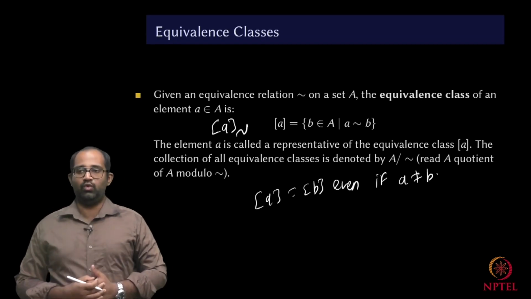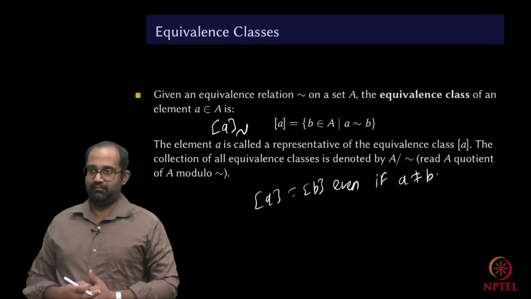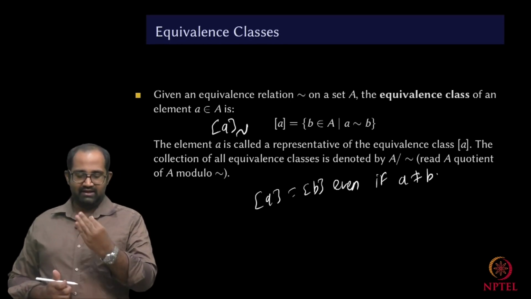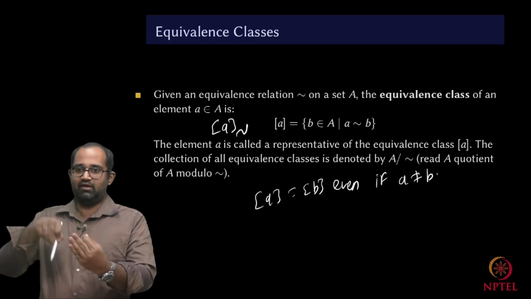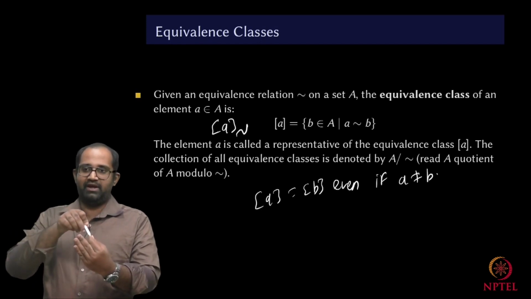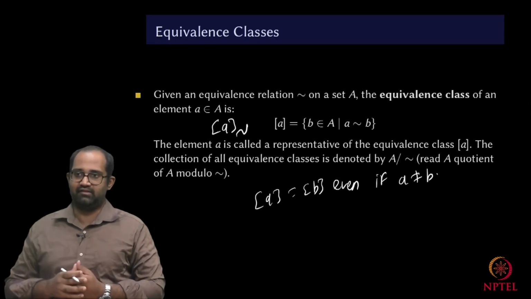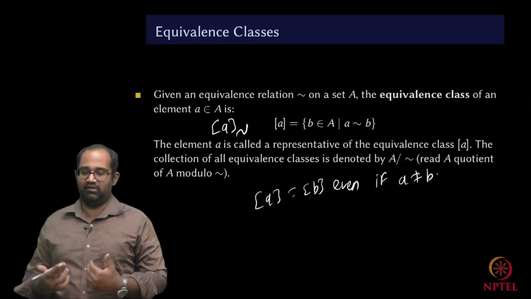The best way to understand this is to think about the circles example. If I look at any particular circle, then the equivalence class of that particular point is the entire circle of the radius which this point is away from the origin, right. But if I had chosen any other point in the same circle, box of that point is exactly the same circle.